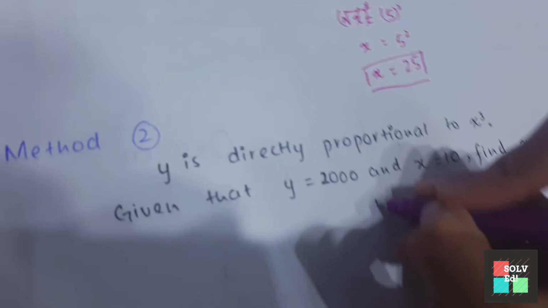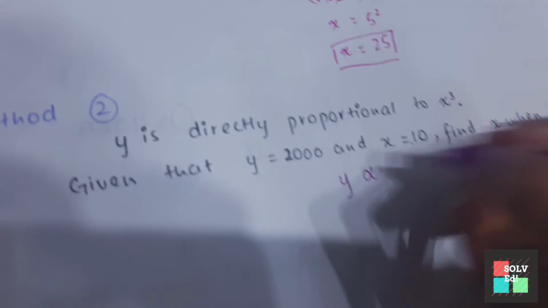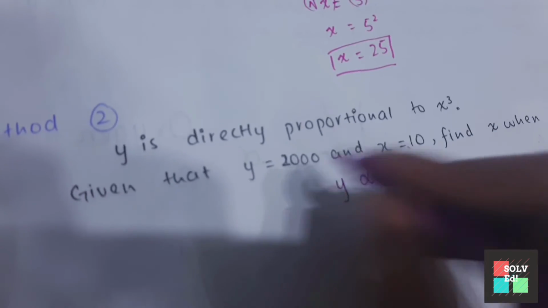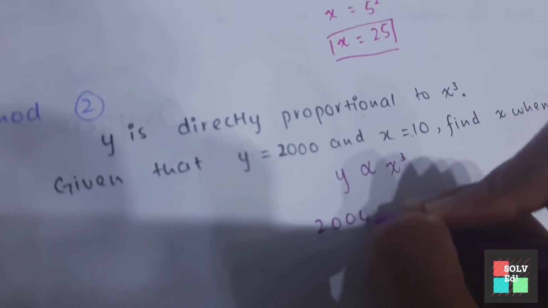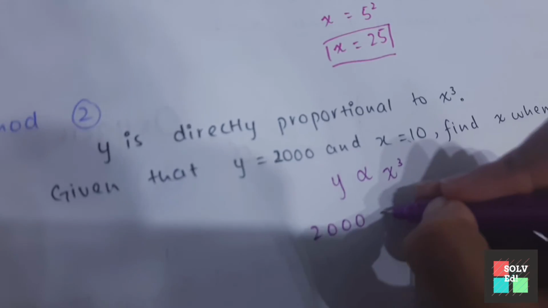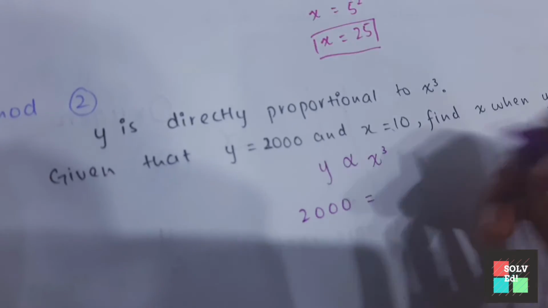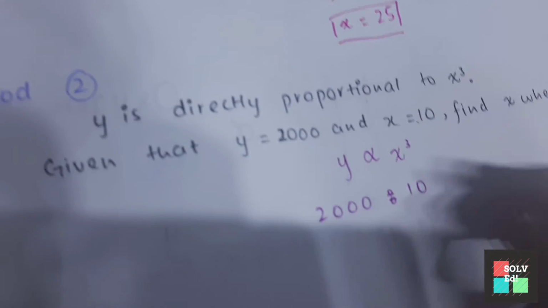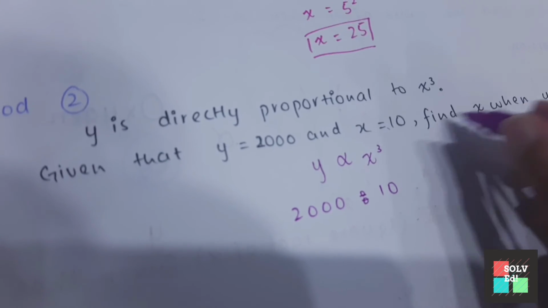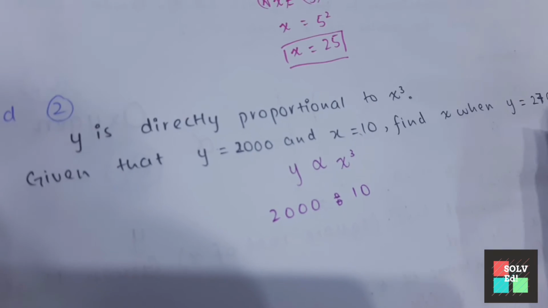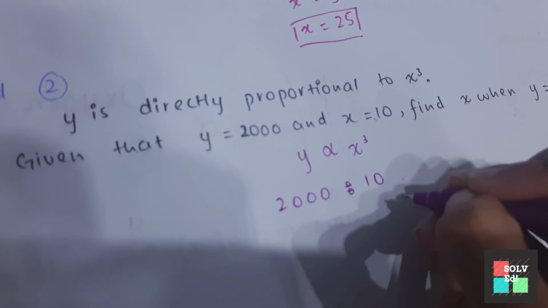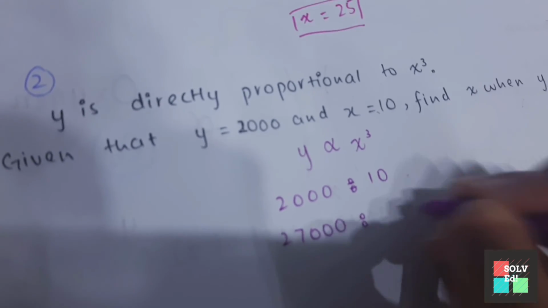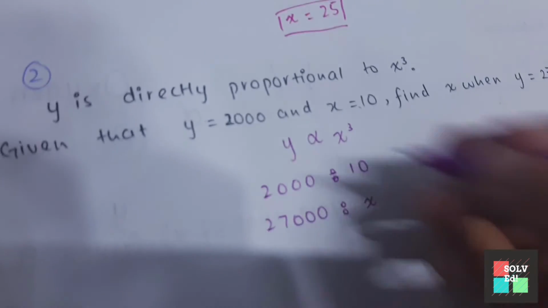They're just saying that y is directly proportional to x cubed, and given that y is 2000, I'm just going to write 2000 right here, and when x equals 10. You can write a ratio symbol, that's more appropriate. Find x when y equals 27,000. So y is 27,000, and x is unknown, so we're just going to write x right here.